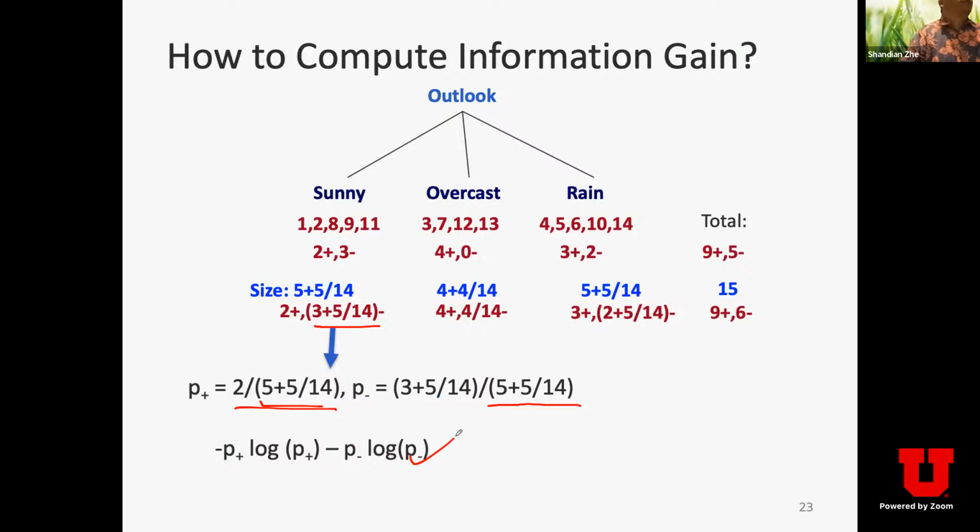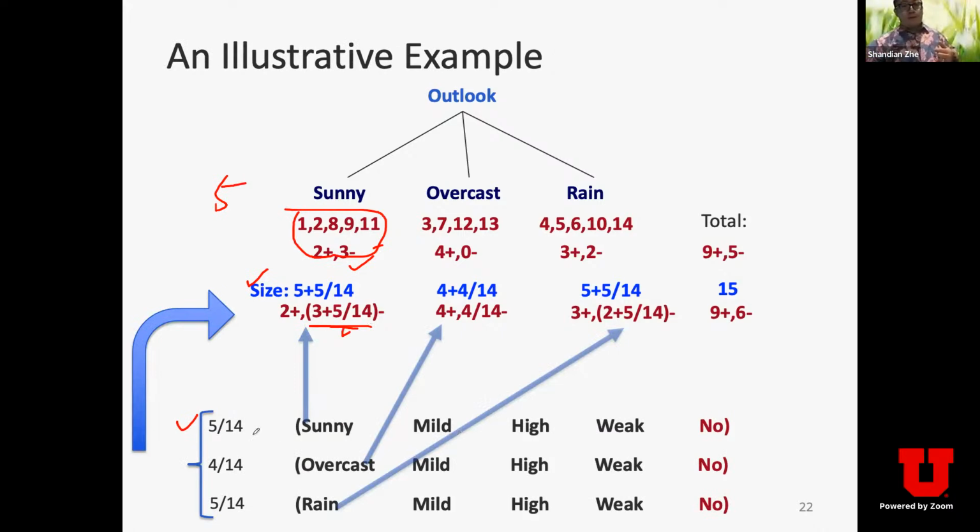You still have 1 example in total, but imagine that I break it into 3 examples, each assigned a fractional count. So you have 5 over 14 example plus 4 over 14 example plus 5 over 14 example, which in total is still 1 example.